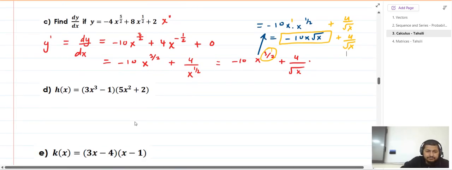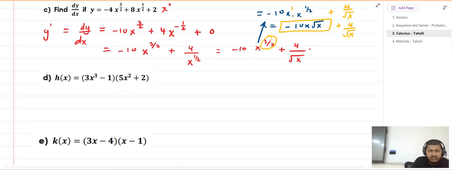Next one. Next problem is not power rule. We applied power rule in the previous 3 problems. This one is product of 2 functions, so I have f and I have g. To find h prime x, the derivative, I will find the derivative of the first function, which is 3x cubed minus 1. So 3 times 3 is 9, 9x squared. The derivative of negative 1 is 0.